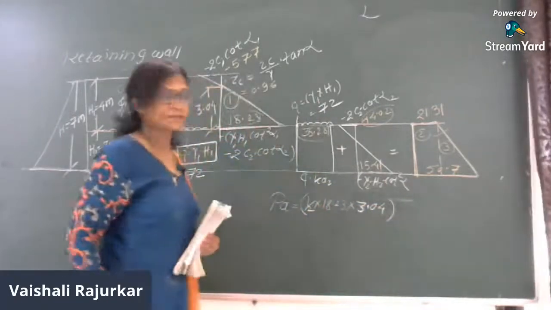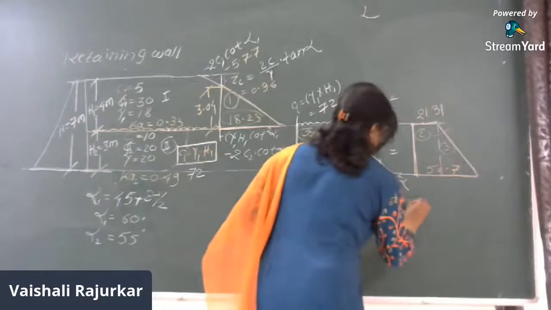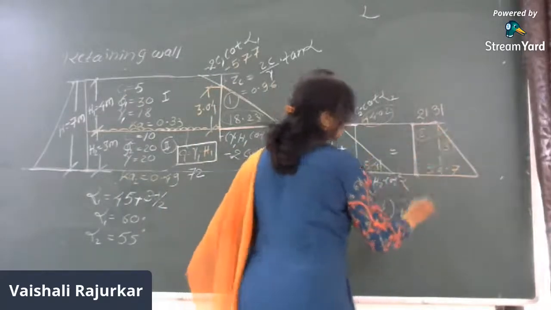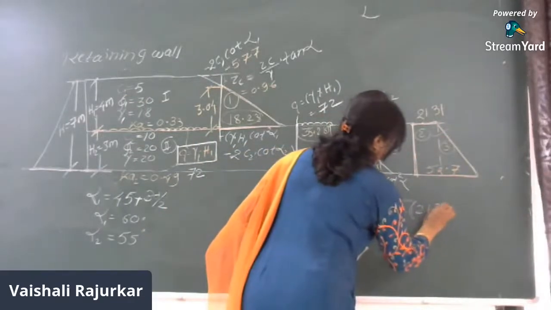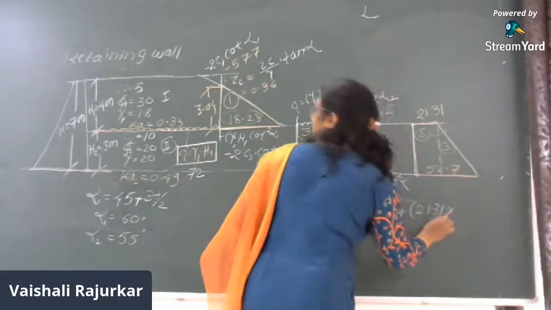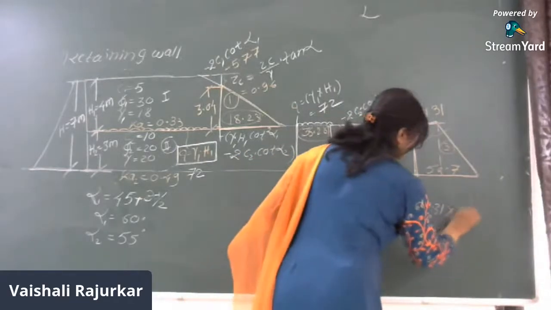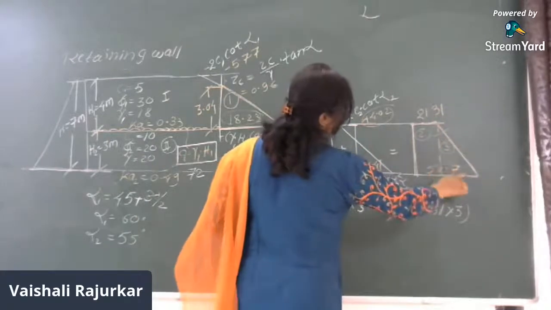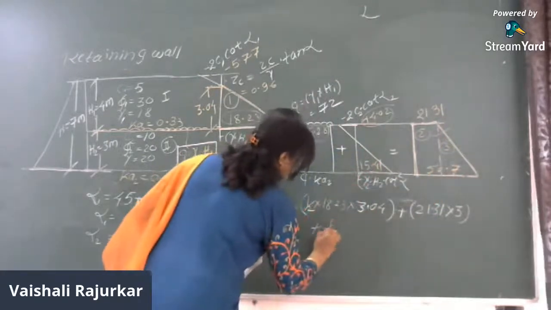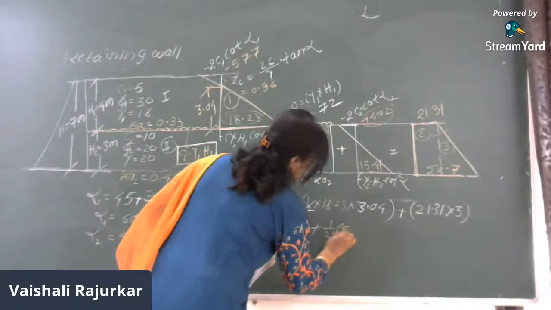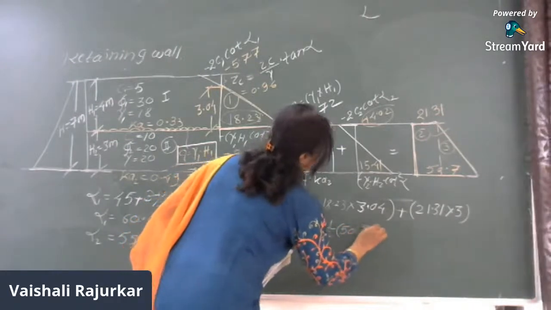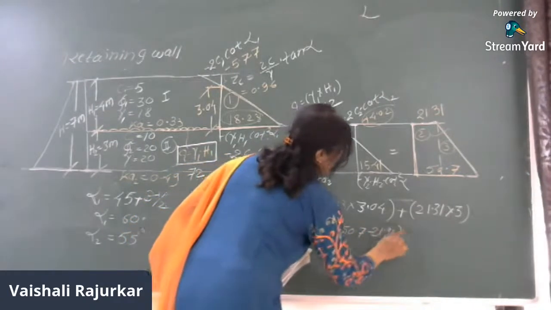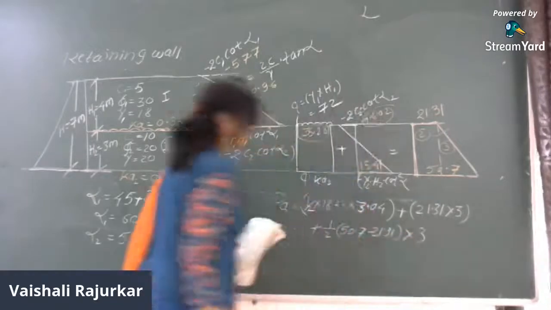This is first. Then plus area of the second distribution diagram, it will be 21.31 into 3 meter, plus half of the base into height, so it will be half of 50.7 minus 21.31 into 3 meters.